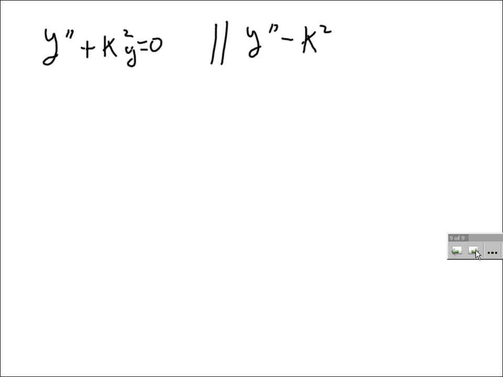Okay. Now, we'll look at what maybe I'll call special cases. What if you have y double prime plus k squared y equals 0, and y double prime minus k squared y equals 0, where k is a real number?